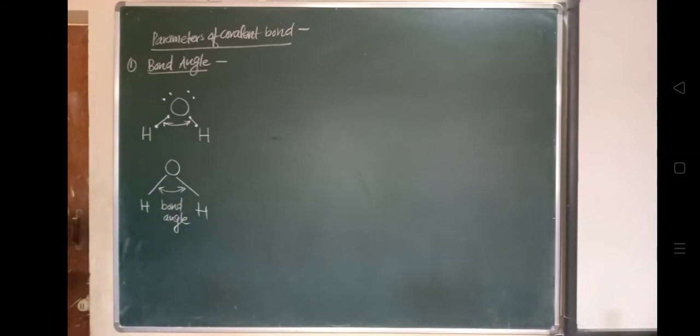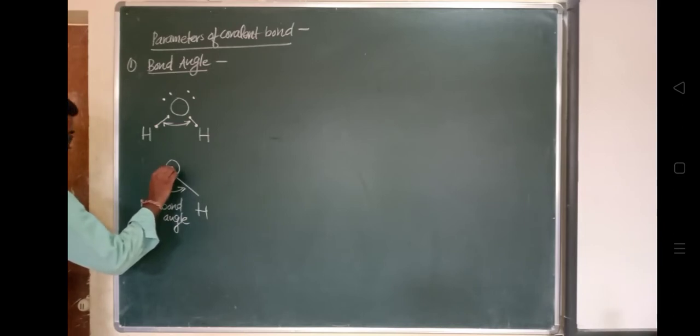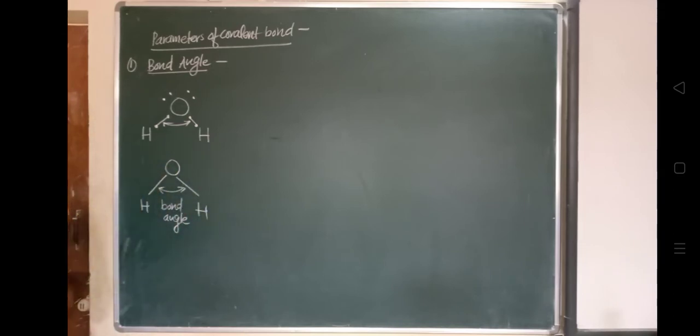The angle between these two covalent bonds will be represented by the bond angle. And in this case the angle is around 104 degrees in this H2O molecule.